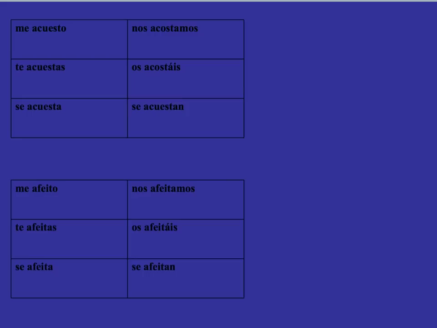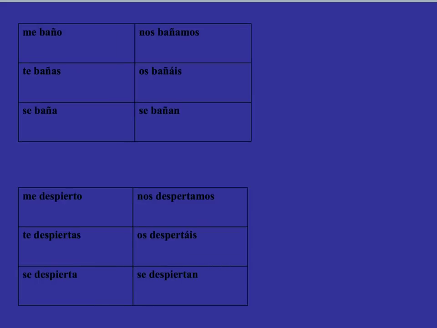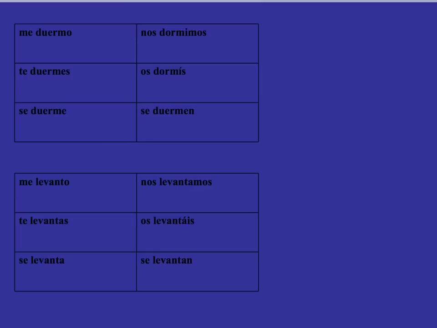Here are the correct conjugations for acostarse and afeitarse. Check your reflexive pronoun and your ending. There's bañarse and despertarse. Remember, despertarse is a boot verb. Dormirse, another boot verb.